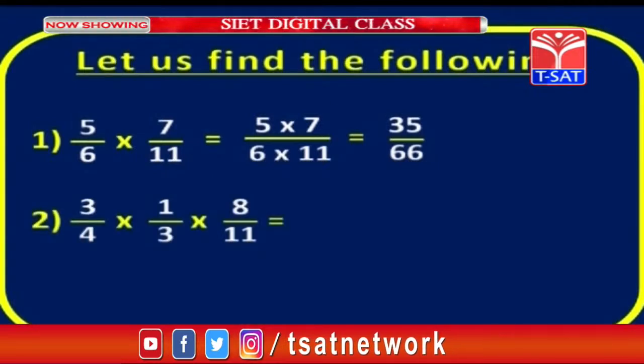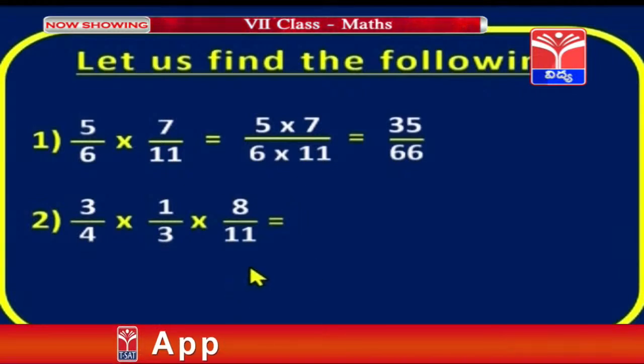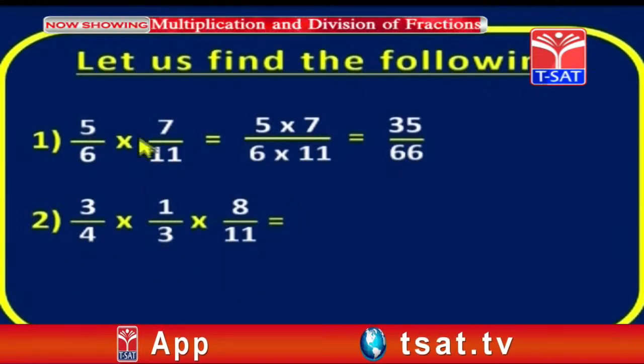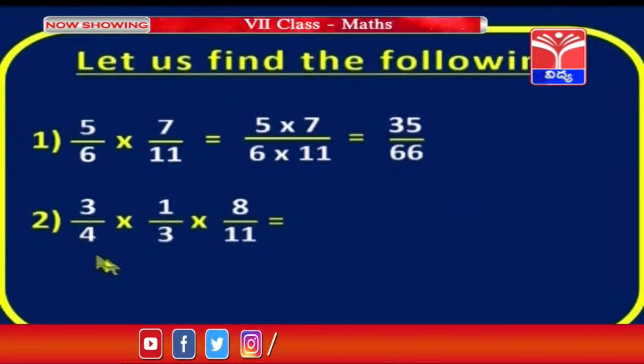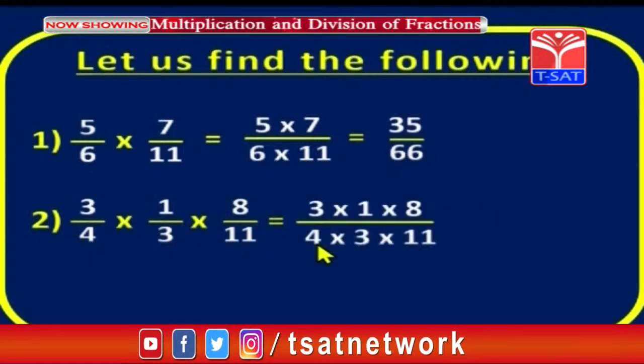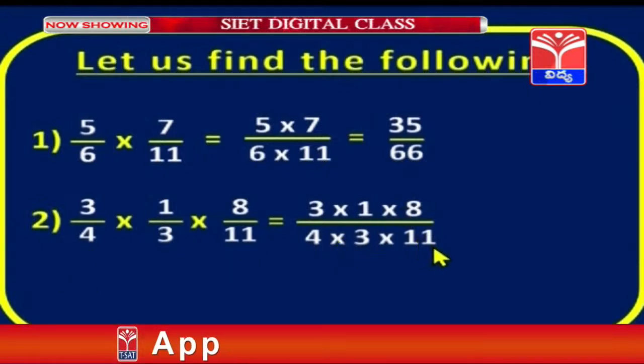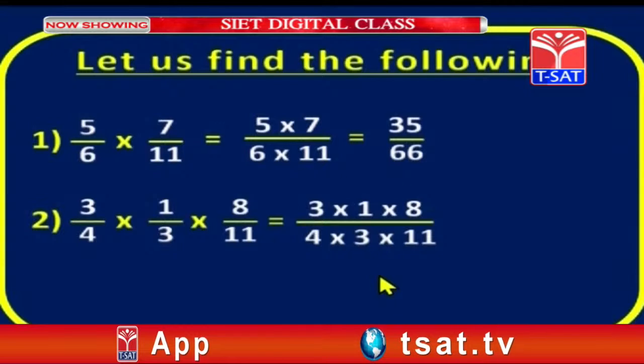Okay children, what I am doing here now? Here I am multiplying 2 fractions. Here I am multiplying 3 fractions. So what I have to do? The same procedure. Product of numerators divided by product of denominators. So 3 into 1 into 8 by 4 into 3 into 11. Children, can we cancel any terms here?